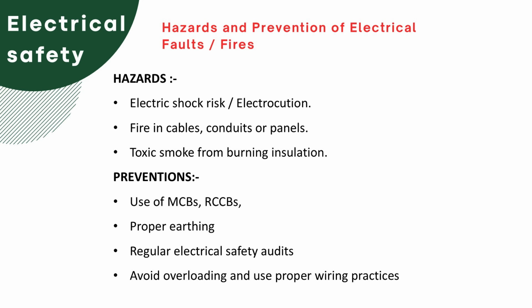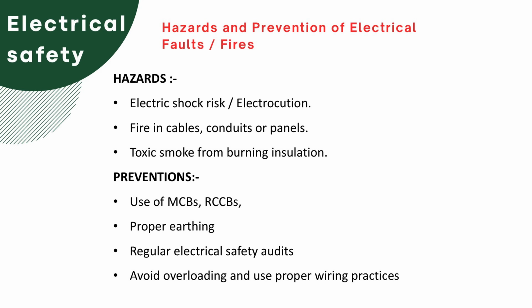And prevention of it is the use of MCB, miniature circuit breaker, or RCCB, residual current circuit breakers. RCCBs are the breakers which are used to detect electric leakage or earth leakage.